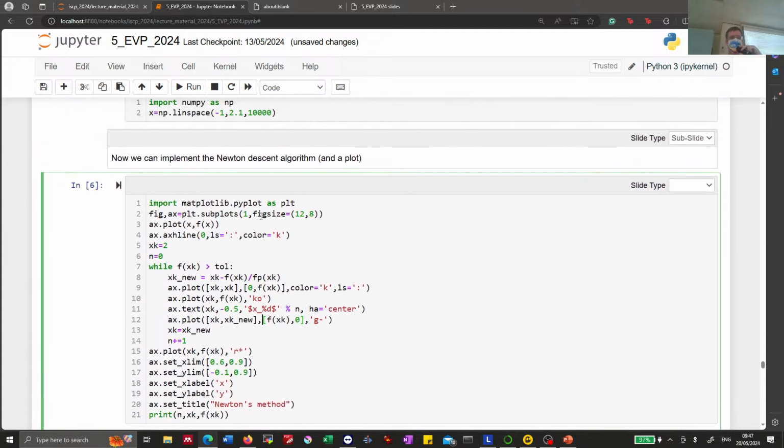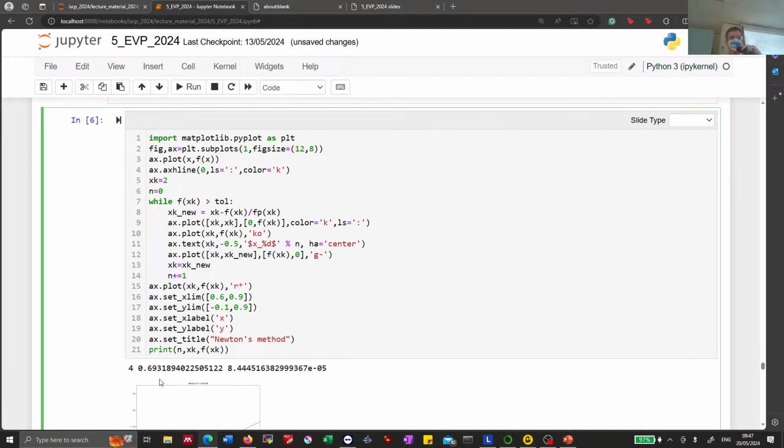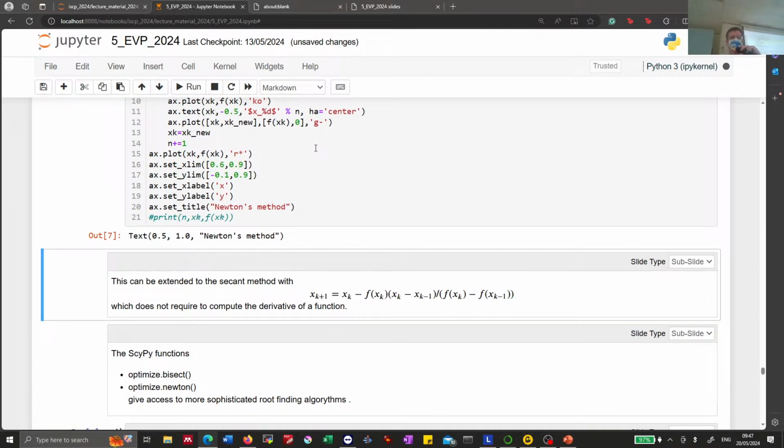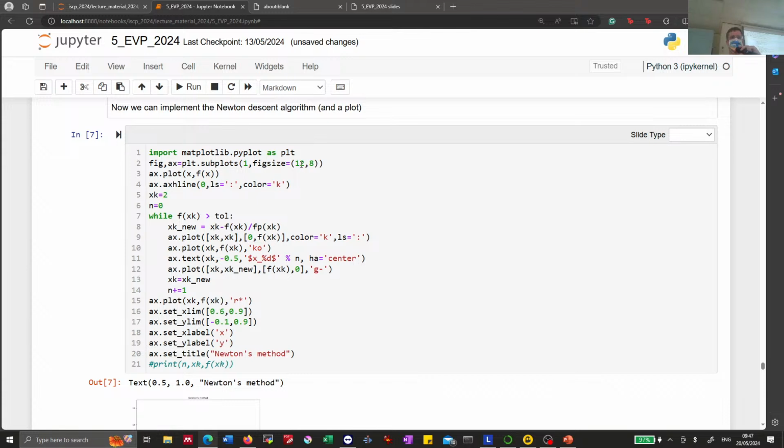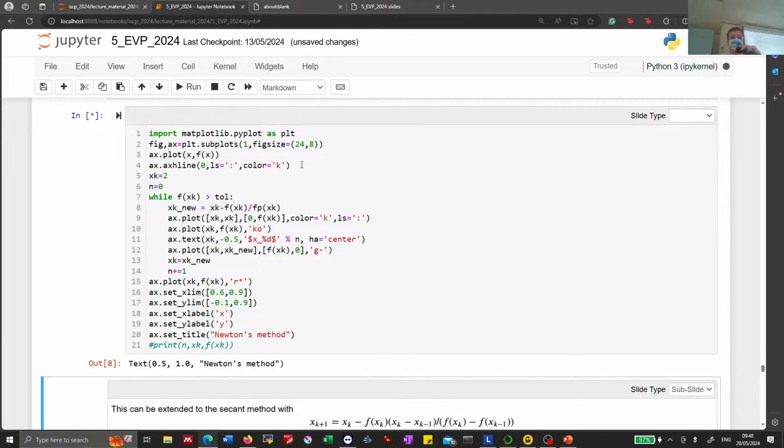Let me see, how do I figure size plot? That should be all right. Where is the... So I don't see why the figure is so small.